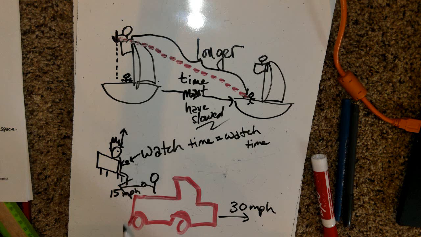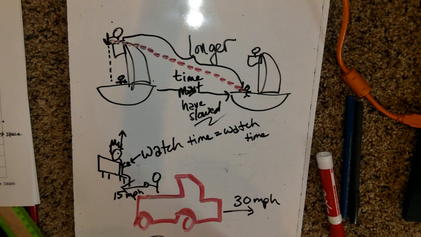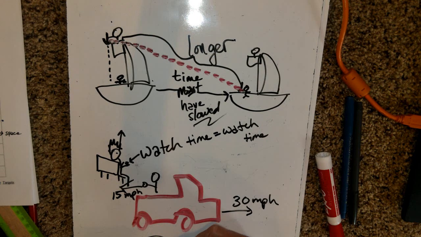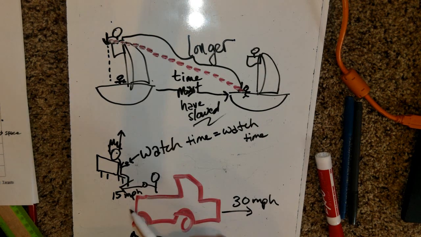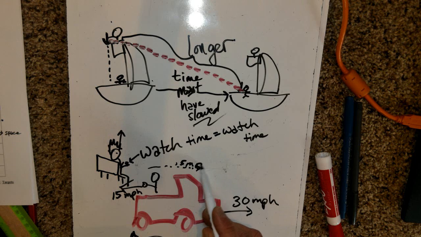A person from the side watching this would see this ball move away from the truck at the difference between those. It'd have 30 miles per hour minus 15, so 15 miles per hour this way.